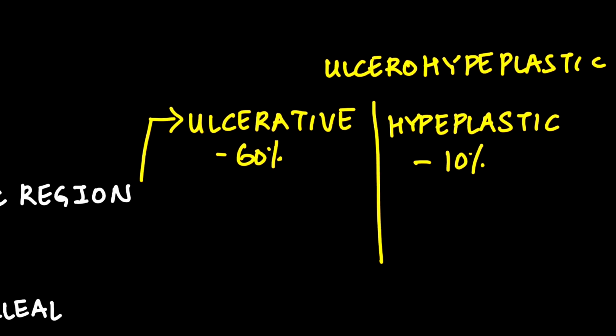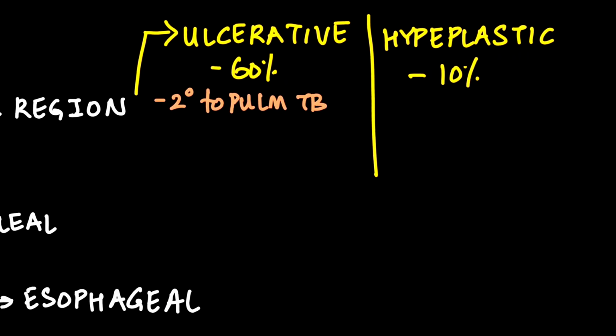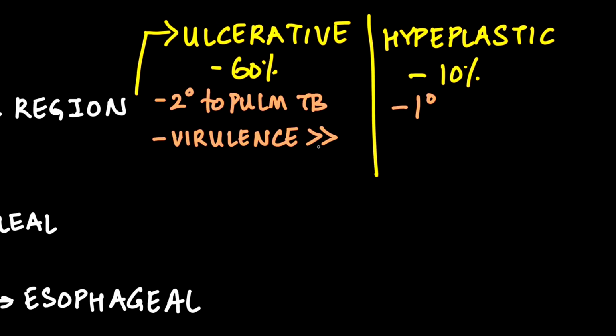So now we'll be taking a look at the differences between the ulcerative and the hyperplastic type. So the ulcerative type is usually secondary to pulmonary tuberculosis, where this is usually primary tuberculosis. Again, that's not a rule, but this is something that has been observed. In this case, the virulence of the organism is much higher, whereas in the other, the virulence is less.